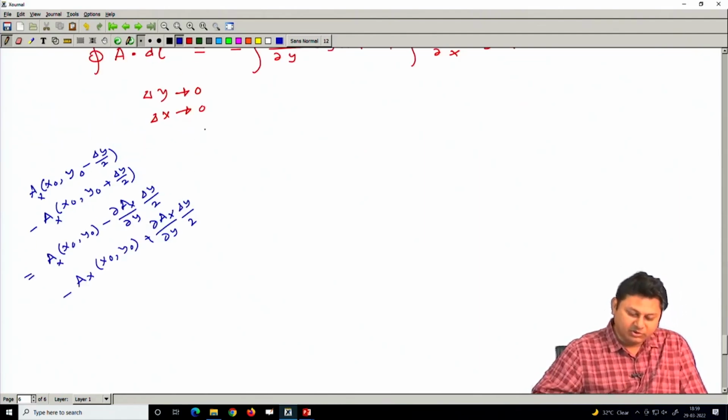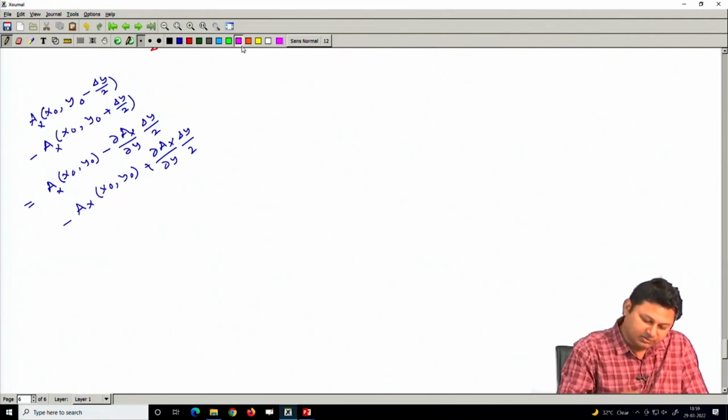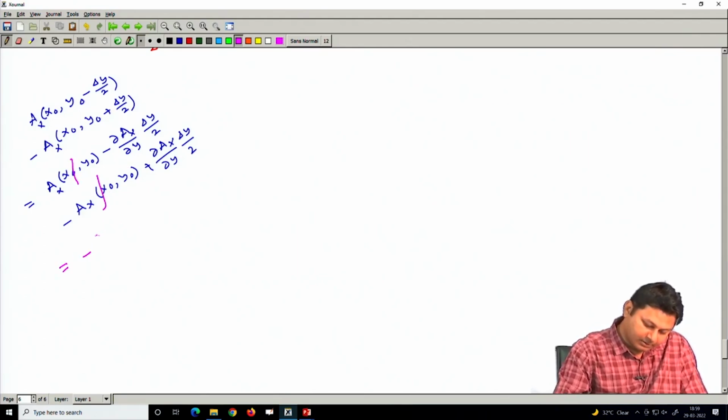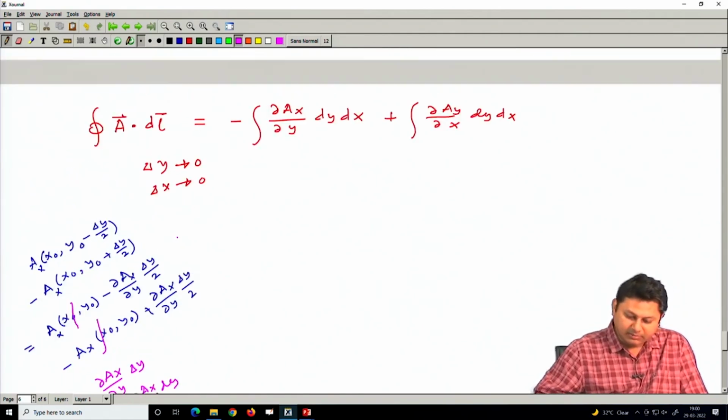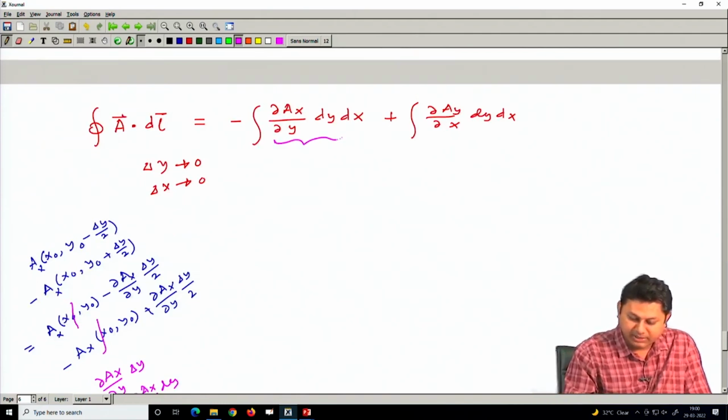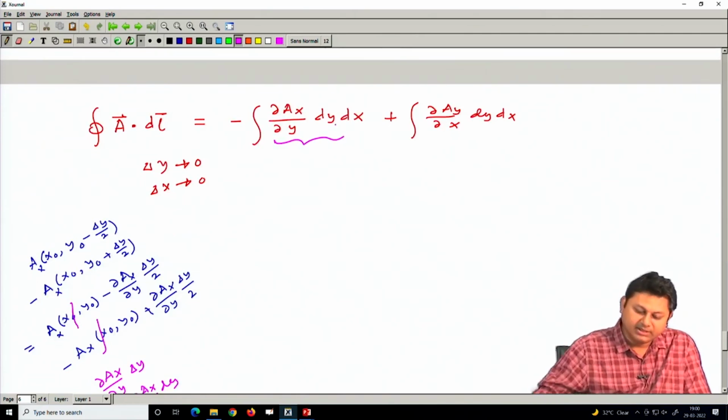So, this term eventually gives me, because these things will cancel out like before, minus del A x by del y times delta y. Now if I put delta y tends to 0, this leads to minus del A x by del y dy, which I already put here, and dx was already there.